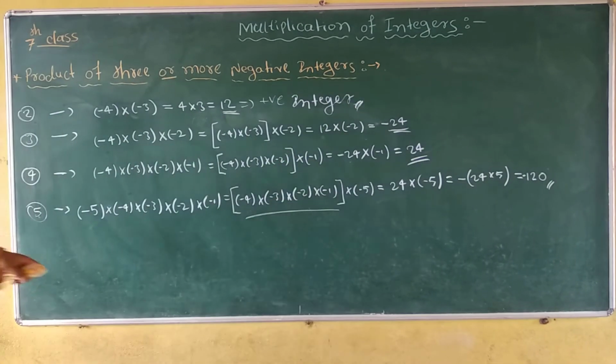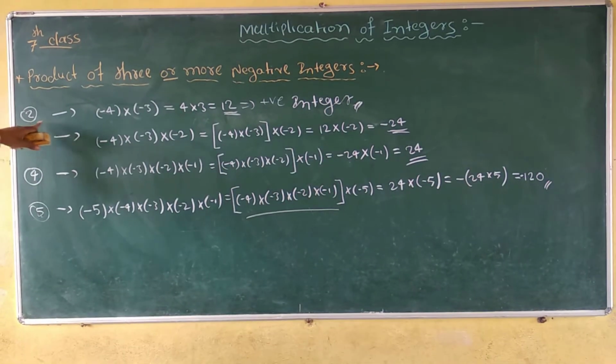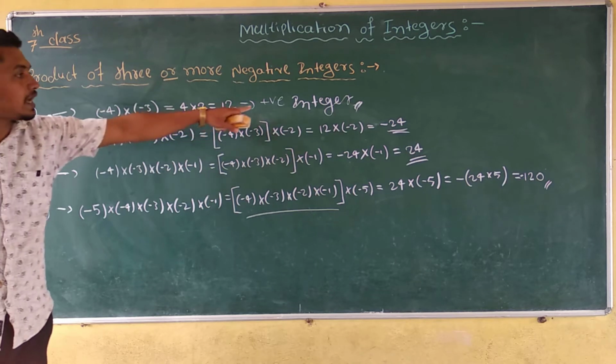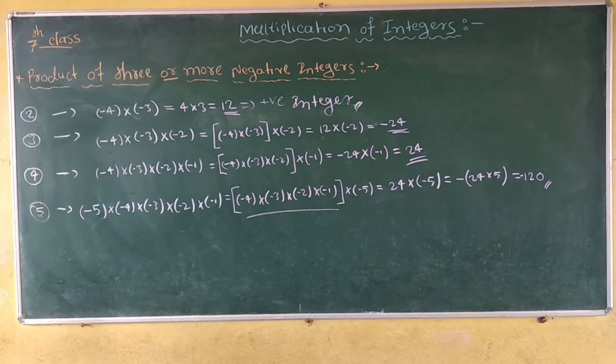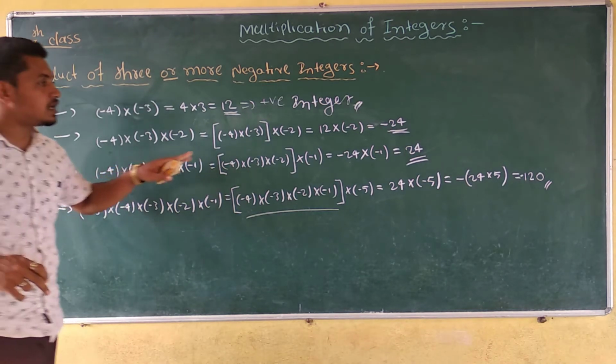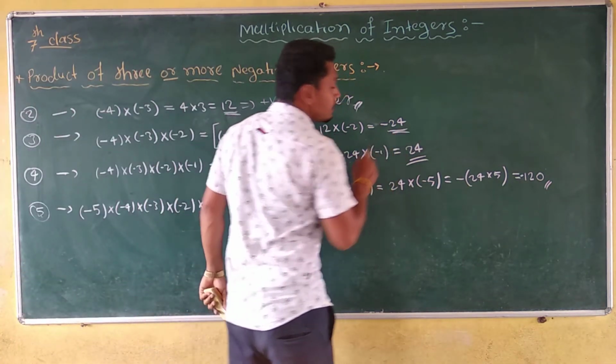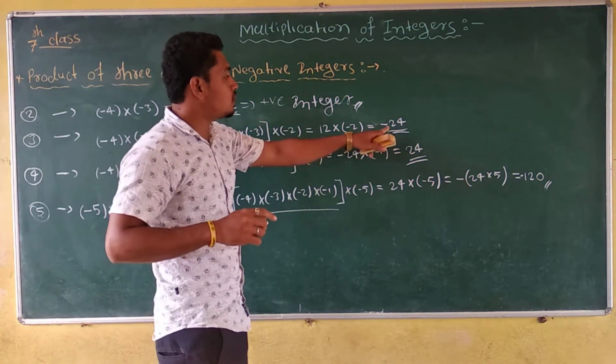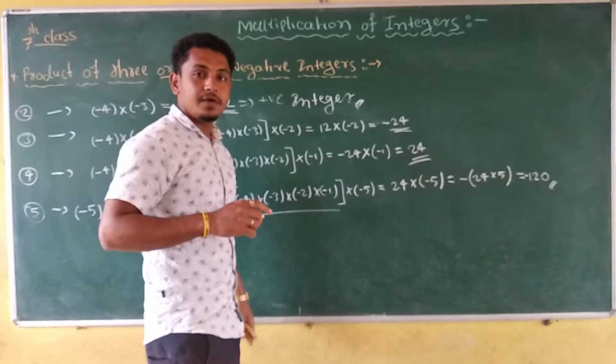The product of any three negative integers gives a negative integer; minus 24 is a negative integer.